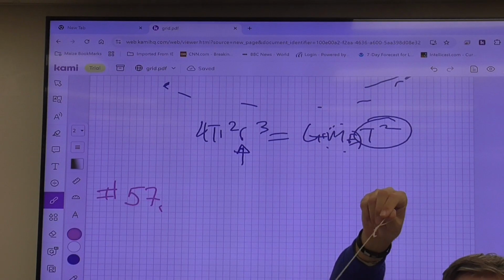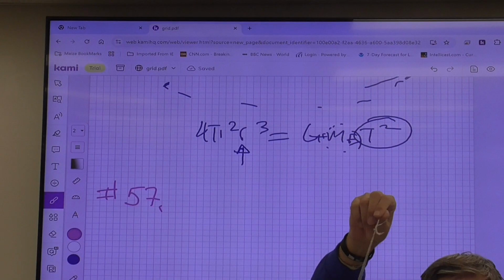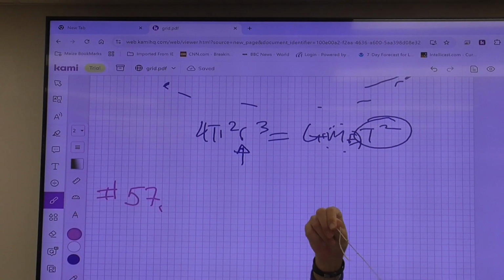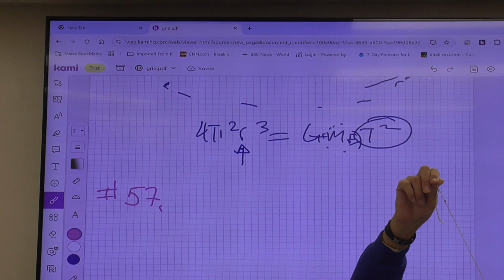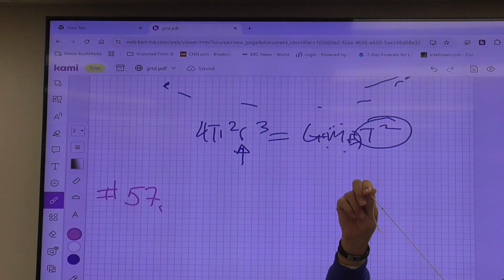As this goes around in a circle, if I were to stop it right here, freeze it, what are the two forces acting on this rubber stopper? There's only two. Gravity, trying to pull it down, and the tension in the string.